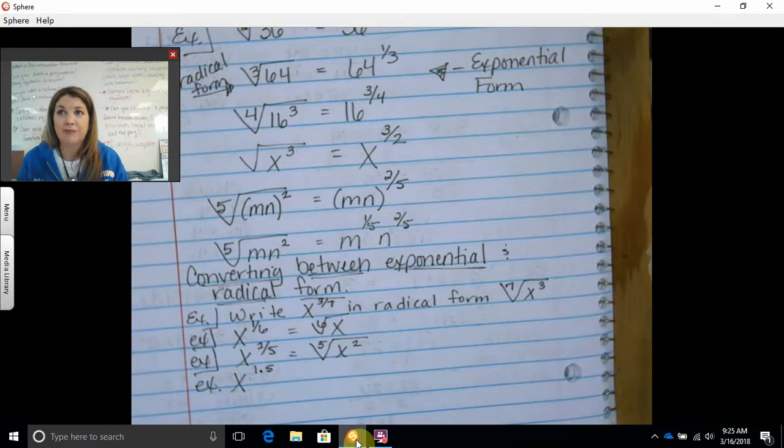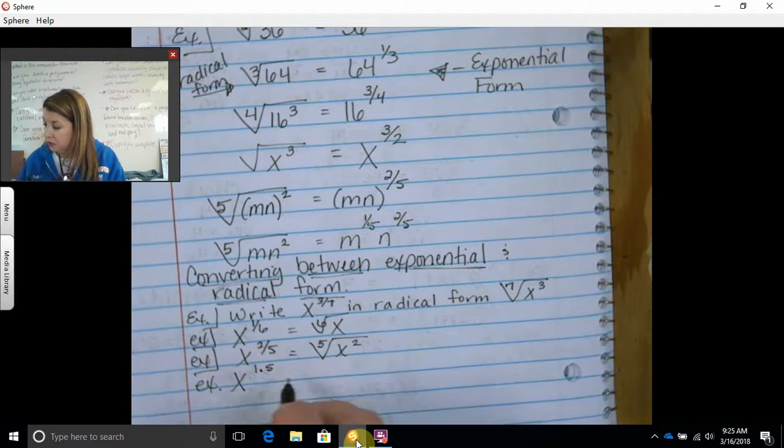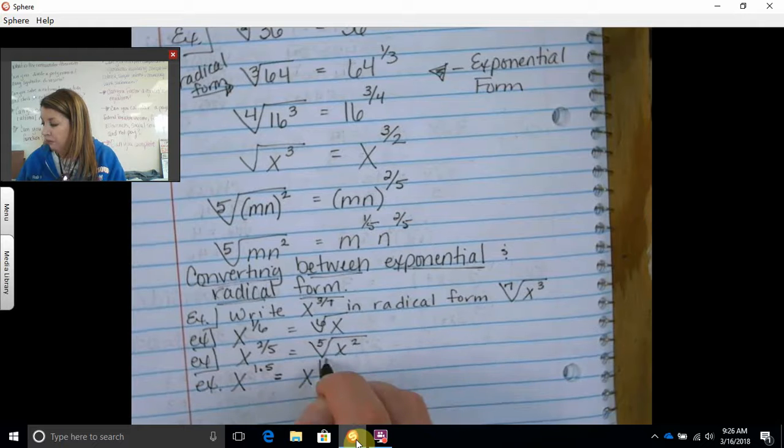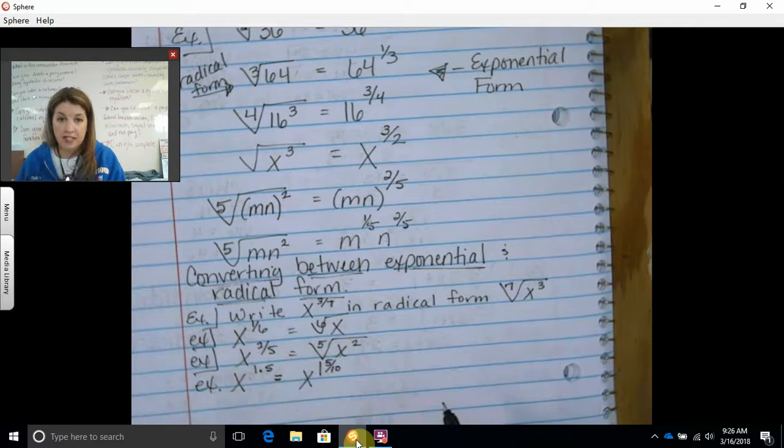Change it to improper. Yes, we would change it to a fraction before we could write it as a radical, okay? And I'm going to do this in steps. I'm not just going to go right to it. We know that 1.5, the way you say that is 1 5/10. The proper way to say it is not 1.5. So that helps me write the fraction too, okay?